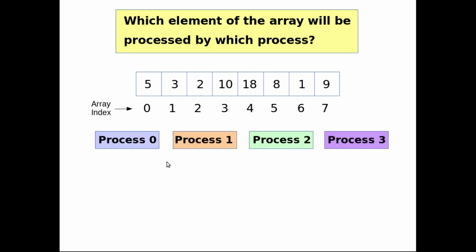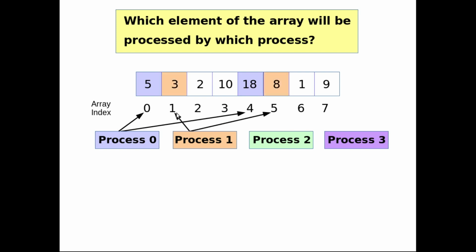And the strategy that we will use is that process 0 will handle A0 and A4. And these are the array index A0, A1, A2, and these are the values in the array. So the strategy that we are using is process 0 will add A0 and A4.